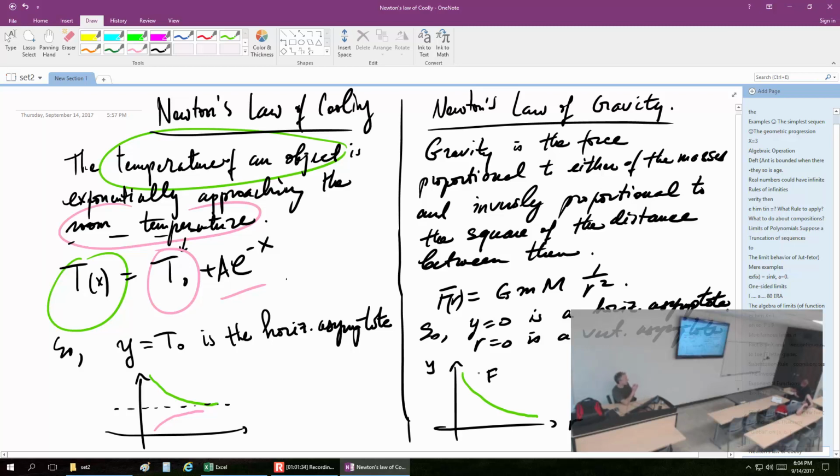This might sound strange. The vertical asymptote seems strange, and that part of the graph does not seem plausible, because there's no way you reach infinite force. But it's actually not the distance between the objects, but rather the distance between the centers of mass of the two objects.